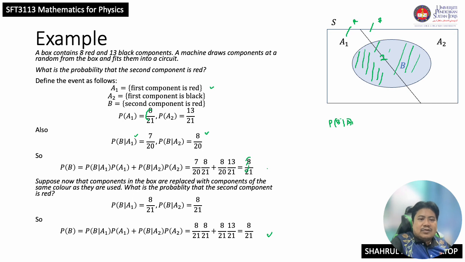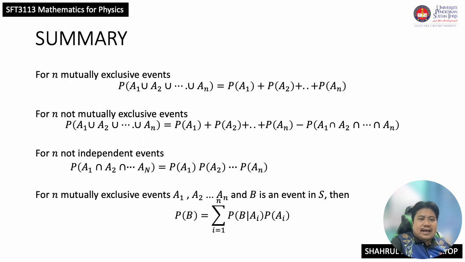Okay, so finally, this is the summary of what we have learned from this topic. Take care of whether events are mutually exclusive or not, because there is a difference in the additional term. For independent events, the probability is the product of those probabilities.